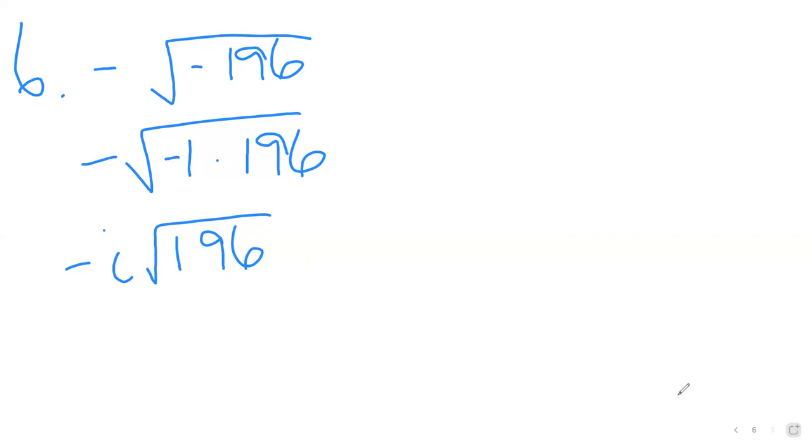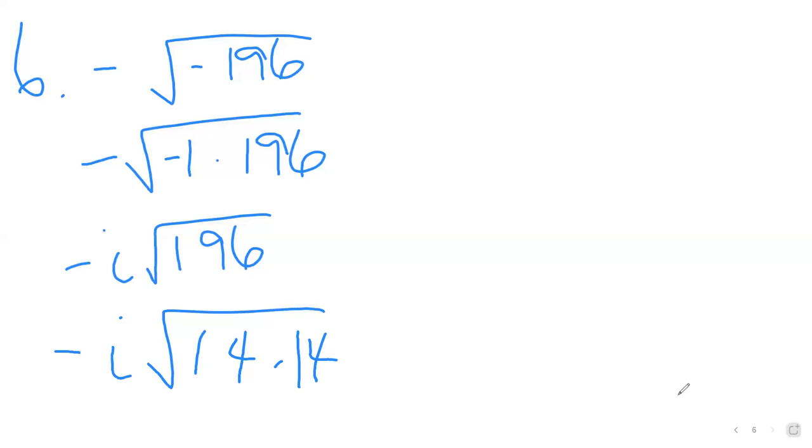You might want to start from 2 and go up. Break it down into a tree format if that works best for you. Or you can just look for its highest factor by just going up the numbers 1, 2, 3, 4, 5. And then when we get to 14 on this particular number, we'll find that it divides with 14 to be 14. So 196 is 14 times 14.